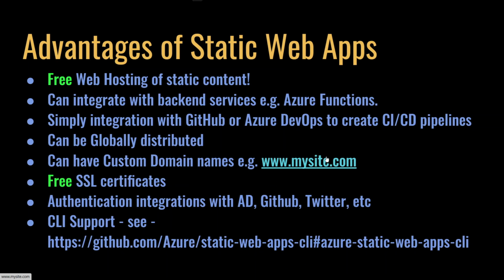It's very easy to swap that out to a domain name that you have purchased, for example, www.mysite.com. Another nice feature that you get completely free again is an SSL certificate with your static website. So all static websites use HTTPS, so that's good as well.